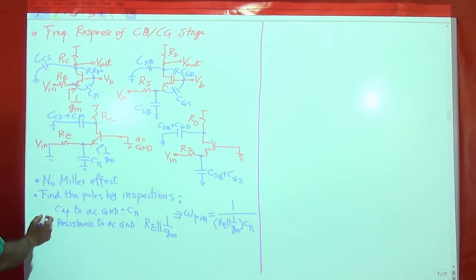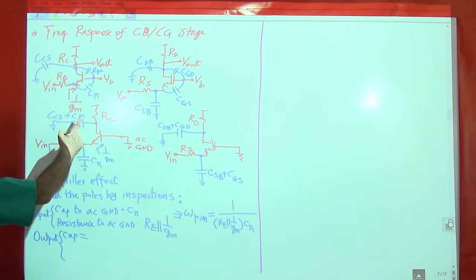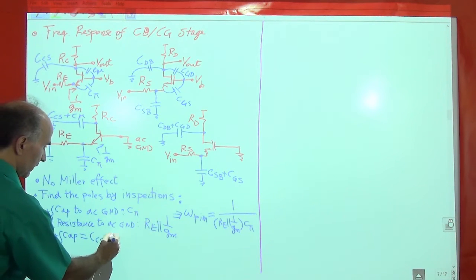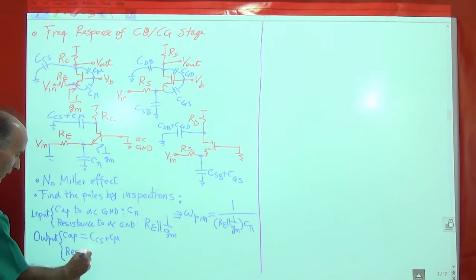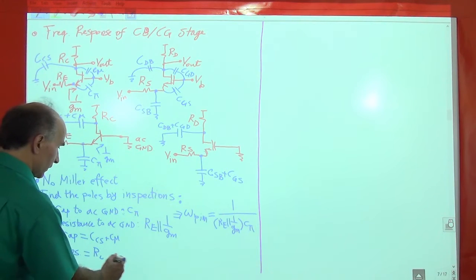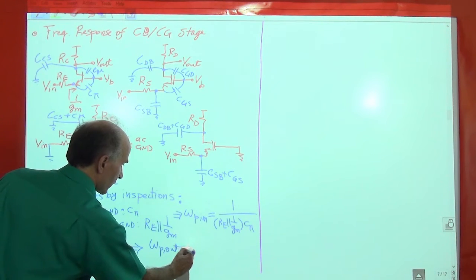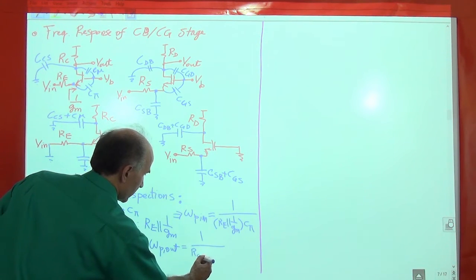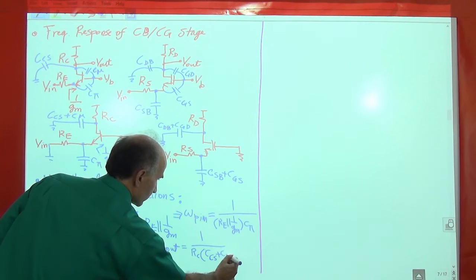So the cap is CCS plus C mu, and the resistance is just RC. So we can say that the output pole, omega P out, is just 1 over RC times (CCS plus C mu).